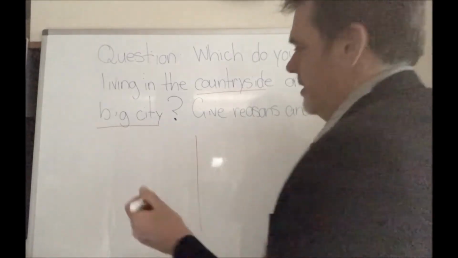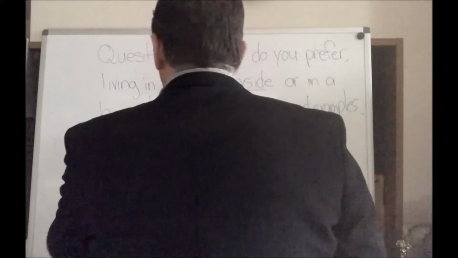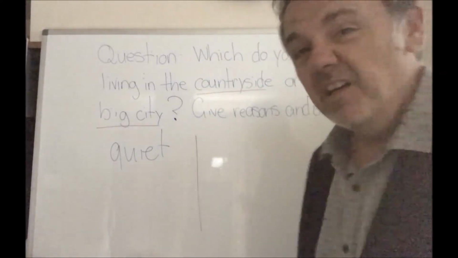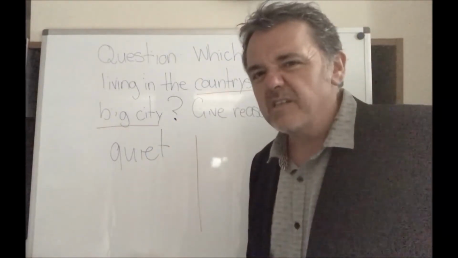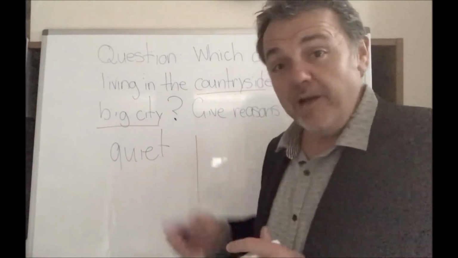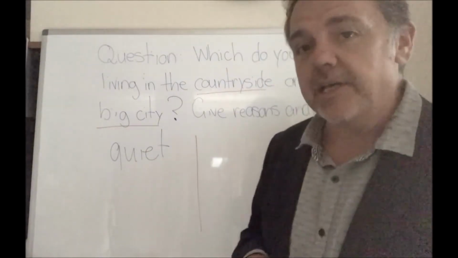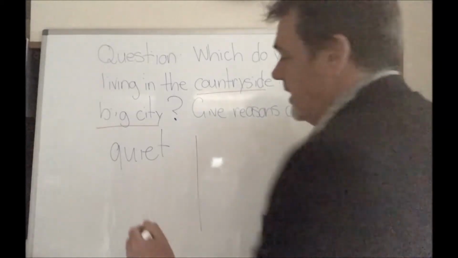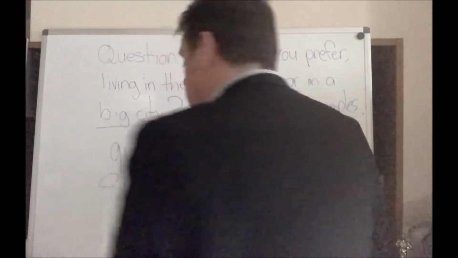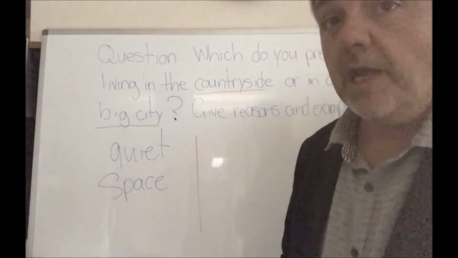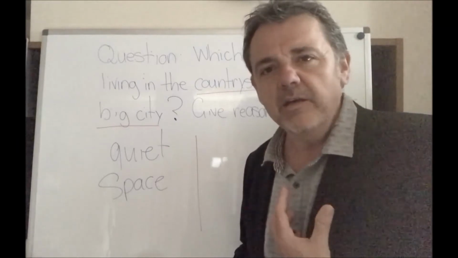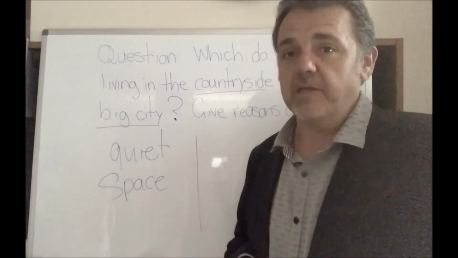One is the countryside is very quiet. I'm getting old now, so I like the peace and quiet. Some people don't. I like the quiet, okay? Another thing that I can think about living in the countryside is there is a lot of space. We have a lot more space in the country, and I'm an outdoor kind of guy, so I like to have the space.